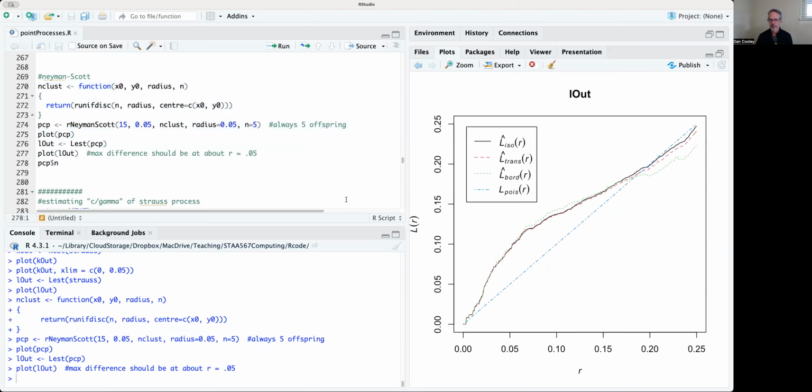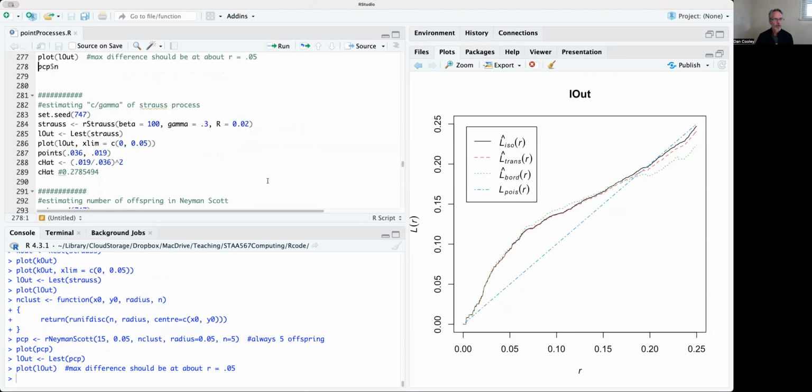Here is the L function, and so the average number of points seen at these short radiuses of like 0.05 is greater than we would expect under complete spatial randomness.